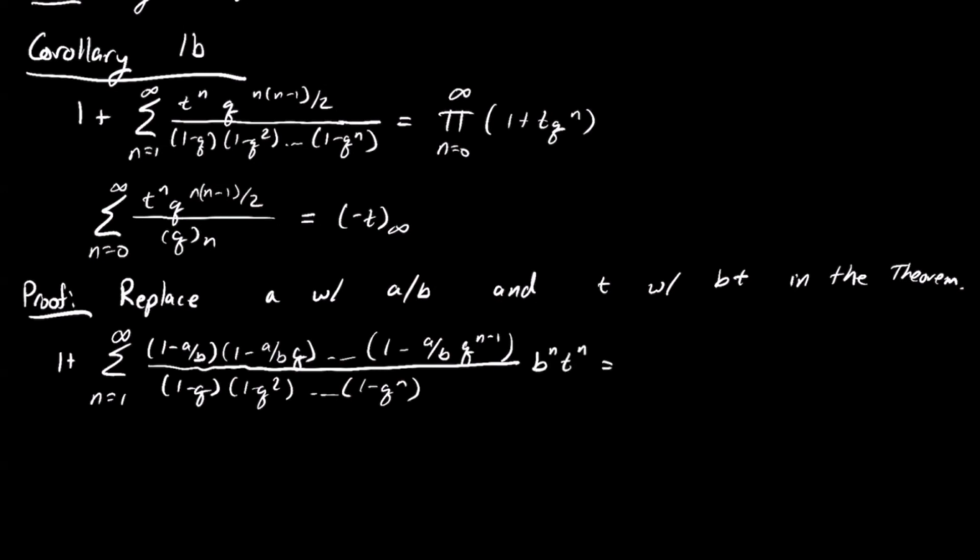Well, on our product side, we're going to have the product as n goes from 0 to infinity of 1 minus, so a gets replaced by a over b, so we have an a over b. t gets replaced by bt, so we're going to have a bt here, and q to the n stays unchanged. And then in my denominator, I'm going to have a 1 minus bt q to the n, because t is getting replaced by bt. We might notice right away there's some interesting stuff that happens.